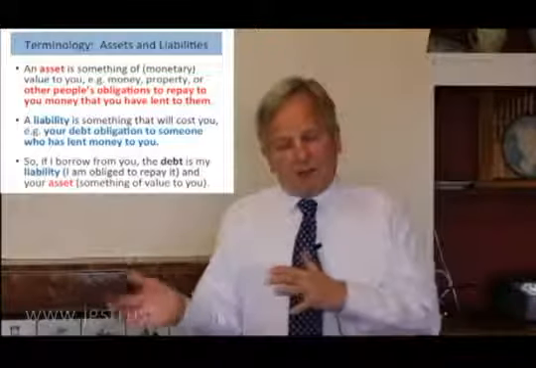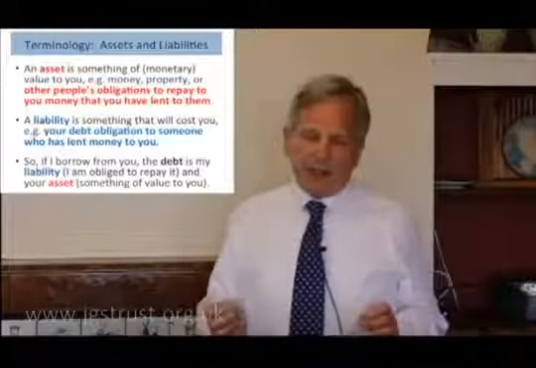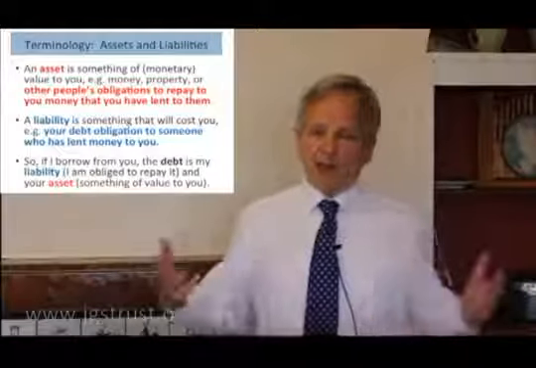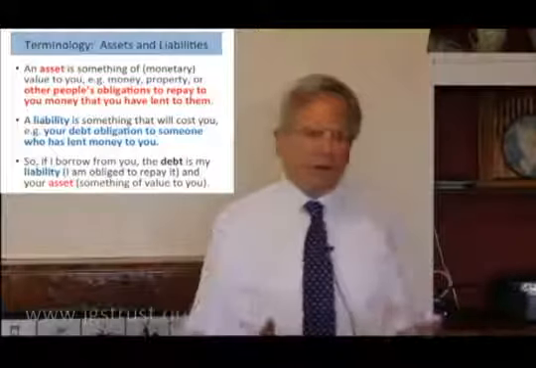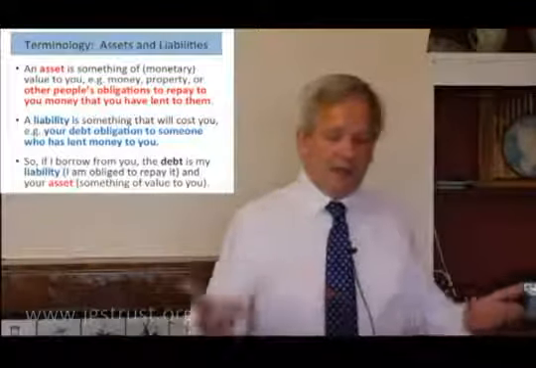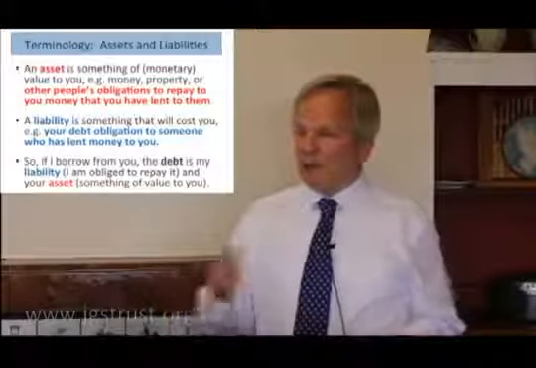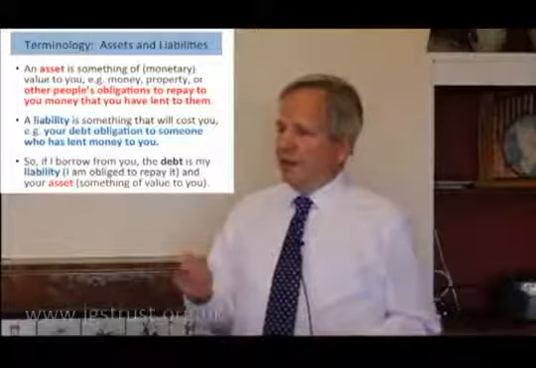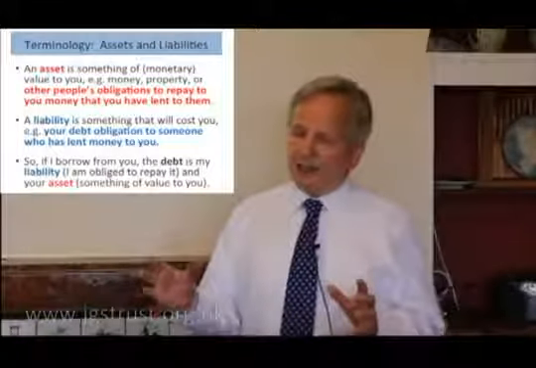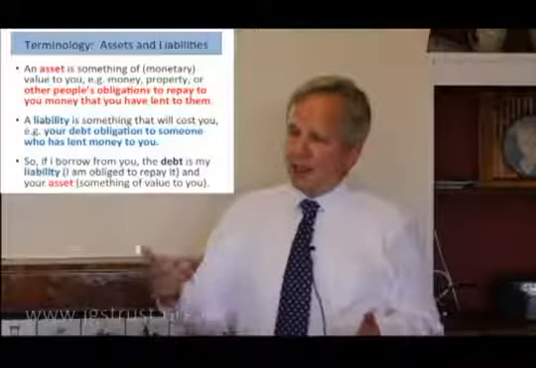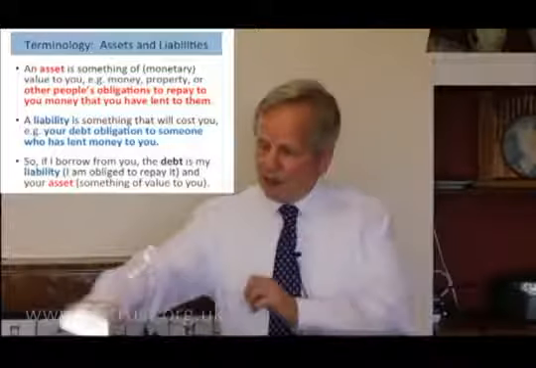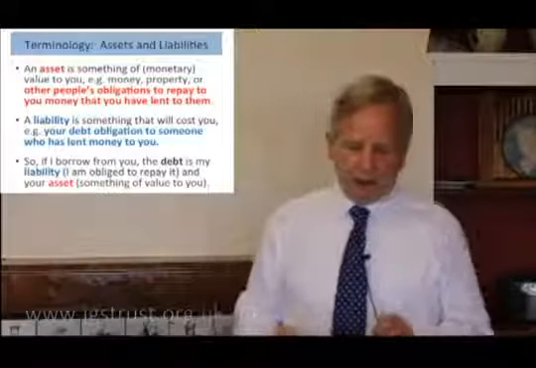Conversely, on the other side of that equation, there are liabilities, and that's something which is going to cost you. You have an obligation to somebody else to pay them money back at some time. So if I borrow money from you, then there's a dual aspect to that debt. It's my liability because I owe you, and it's your asset because you have a claim on me in the future.